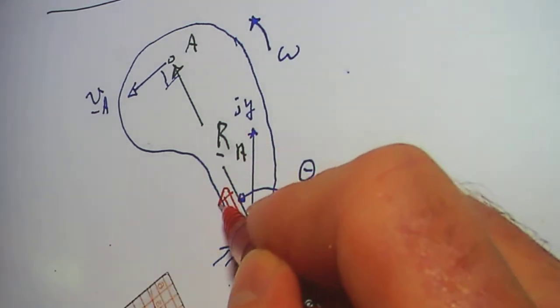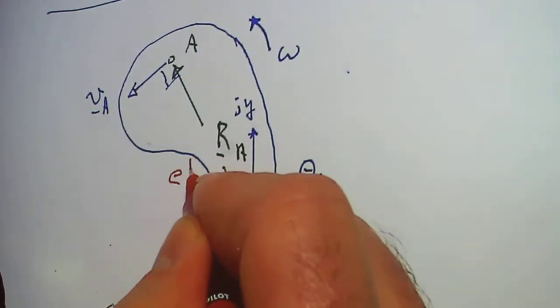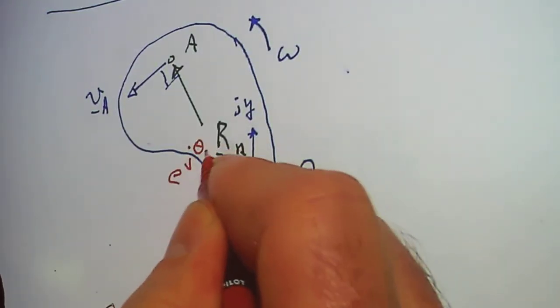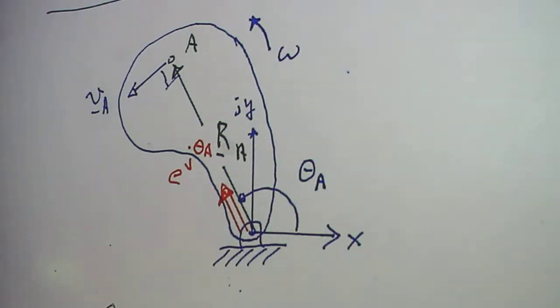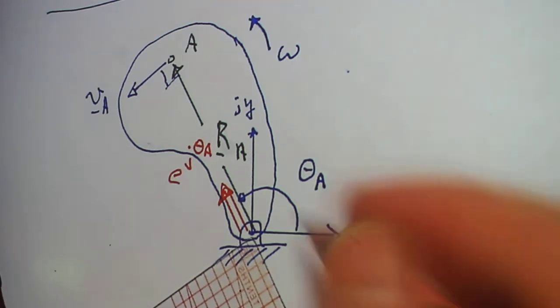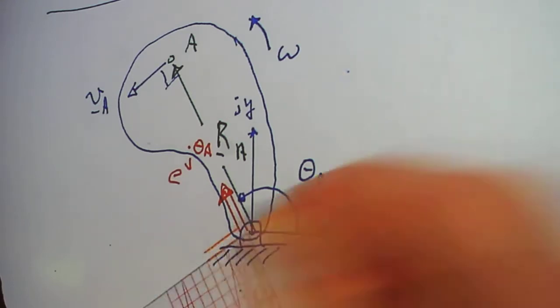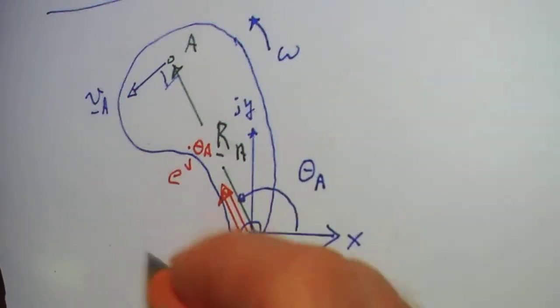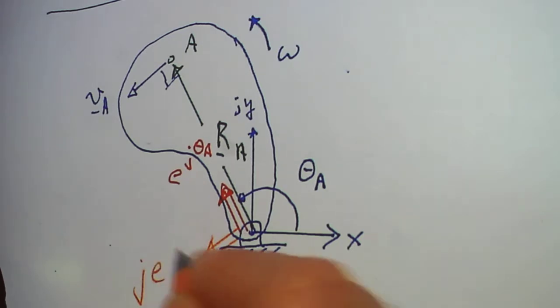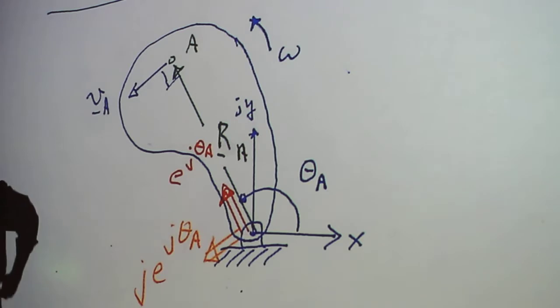So this unit vector here would be e to the j theta A. And if I rotated that 90 degrees, the unit vector is found simply by taking a j and putting it out in front.